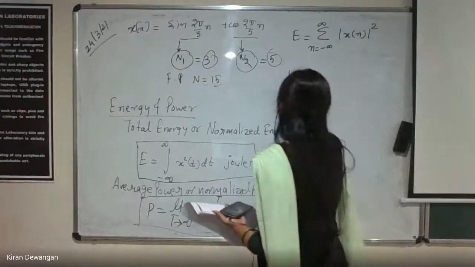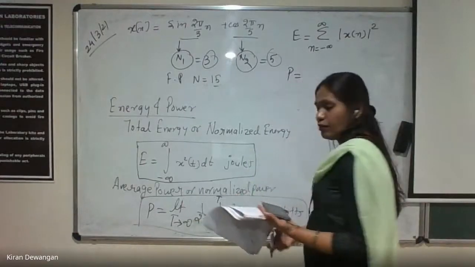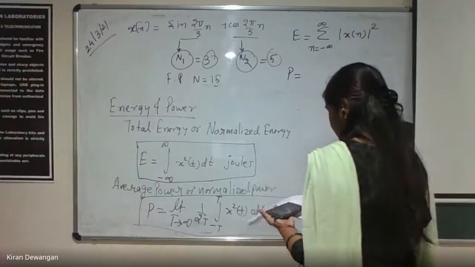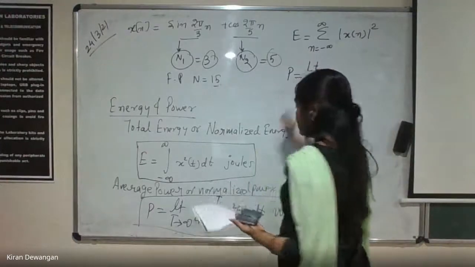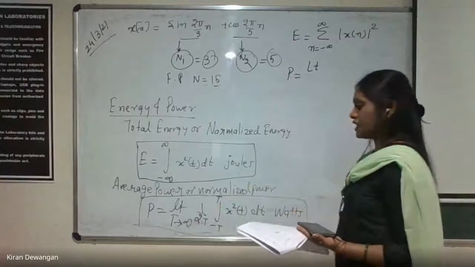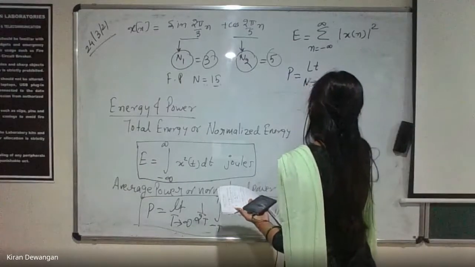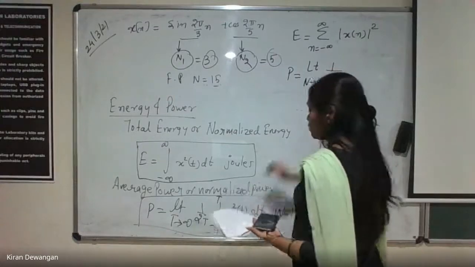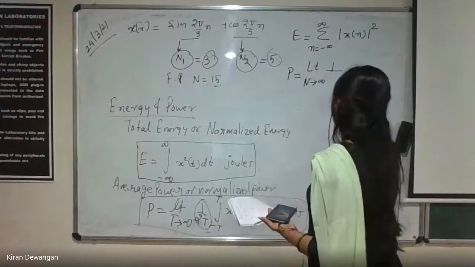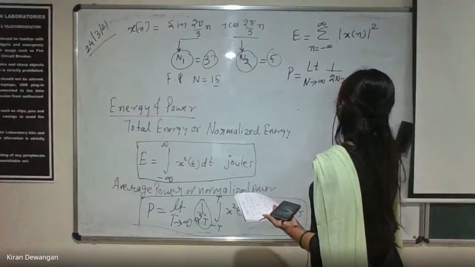Now similarly, if we have to calculate power for a discrete sequence, again we'll take a limit. Since we had t tends to infinity here, it will be n tends to infinity, and this was 1 by 2t. Instead of that, here we'll take 1 by 2n plus 1.